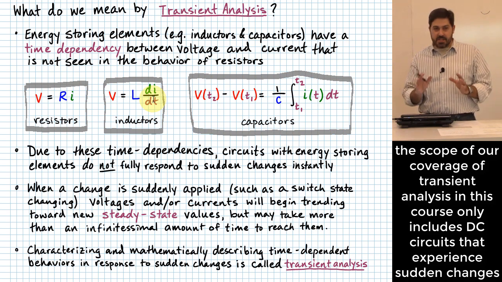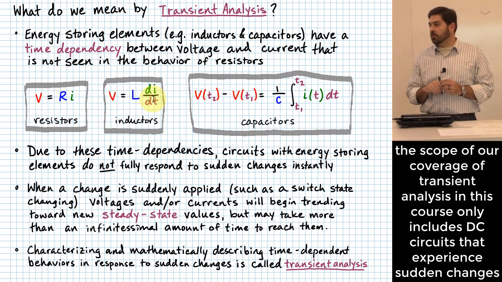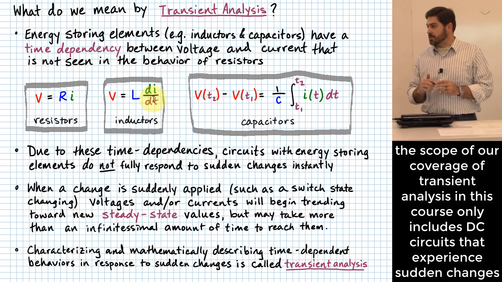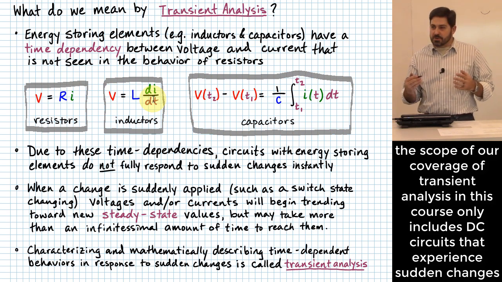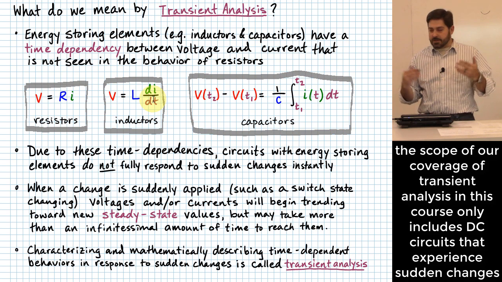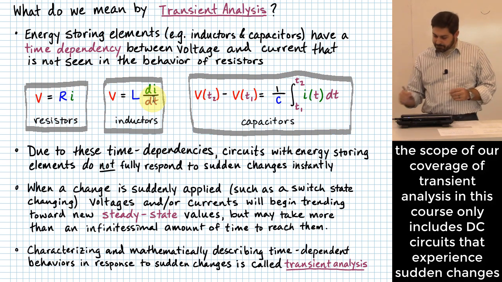We're talking about DC effects like this, and the truth is, in this particular course, we don't really get into transient effects in AC circuits just yet. Okay, so maybe count that as a blessing, or maybe you're disappointed, I don't know, but that's setting up the scope of what we're trying to do in this course for right now.